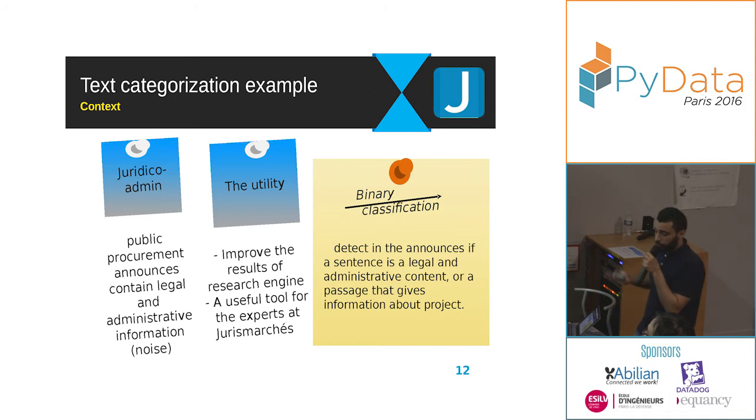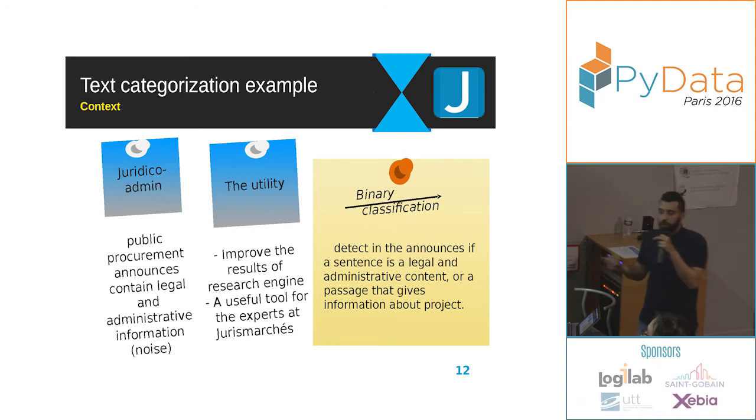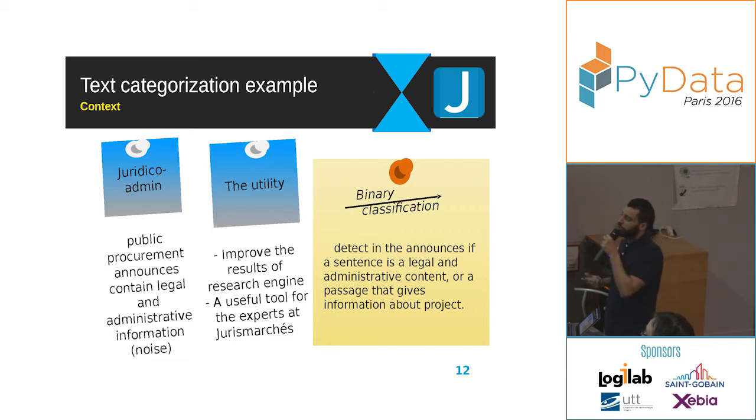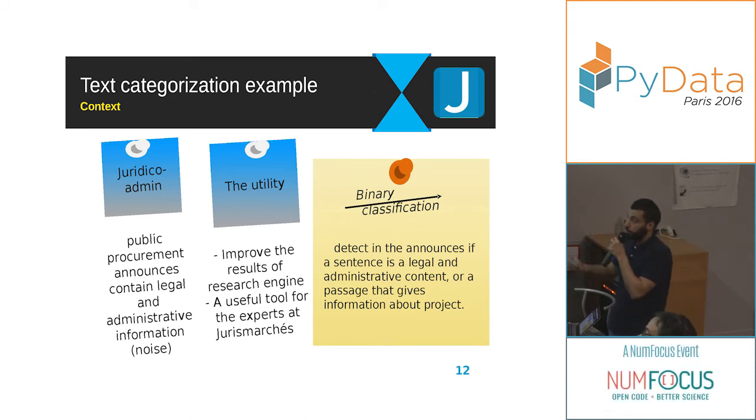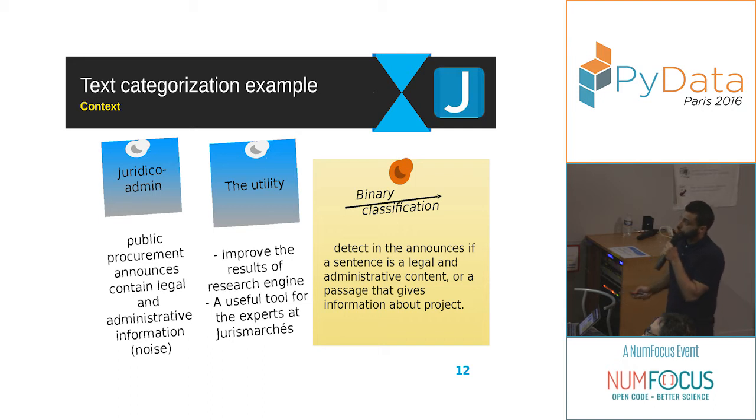One of our products is G360, which is a web app and a search engine where our clients can search projects and business opportunities. This kind of sentence, while we are doing the indexation of the database, causes a lot of problems and can corrupt the queries of our search engine.